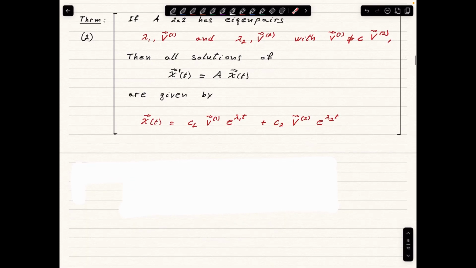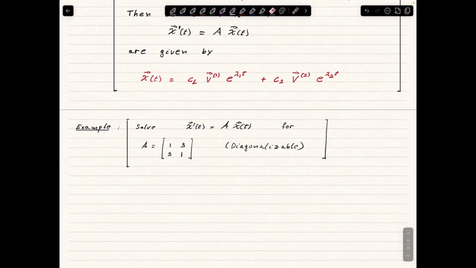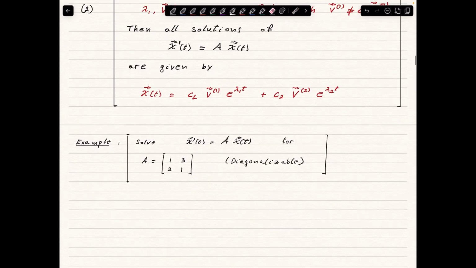The example we have in mind is the following. Solve this system of equations for this matrix A, which we know from a previous video is diagonalizable. So how do we solve this problem? Solution.